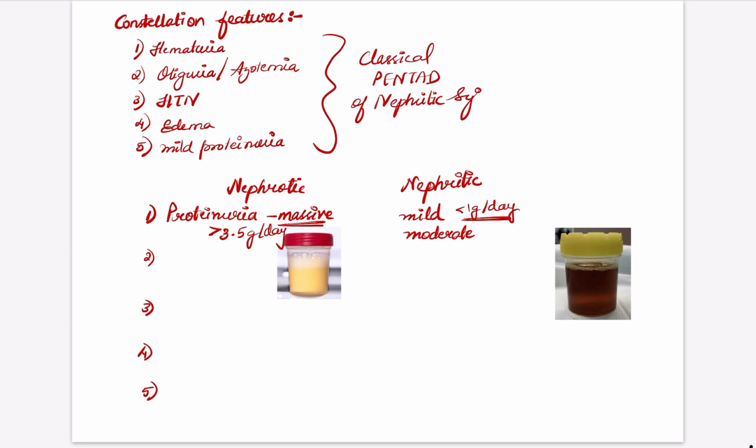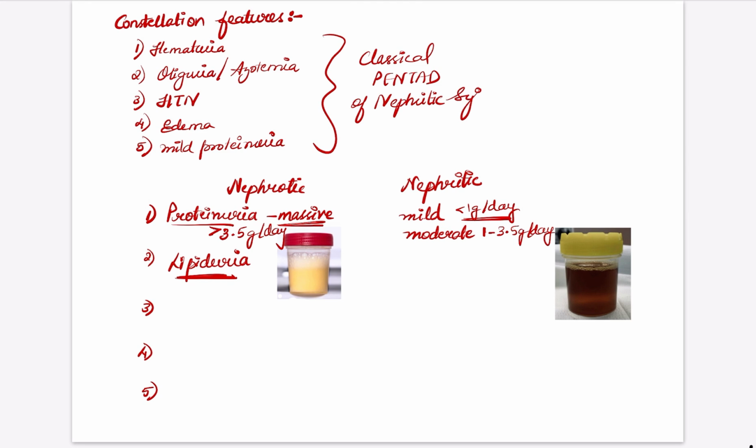Mostly nephritic syndrome is characterized by mild proteinuria, less than 1 gram per day. Also, it can be moderate, ranging from 1 to 3.5 grams per day. And in nephrotic, there is lipiduria, like passing of so many proteins and lipid, like fat droplets, in the urine.